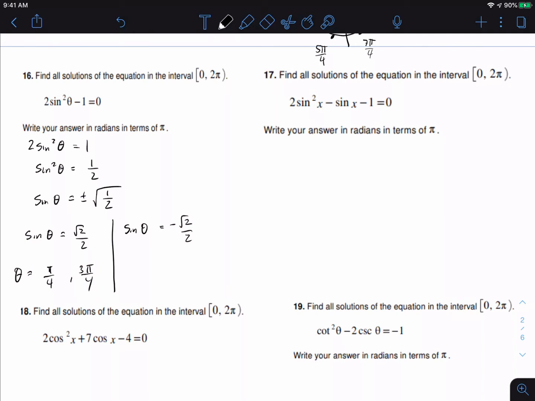And this one's going to occur at 5 pi over 4 and 7 pi over 4. Does that make sense?